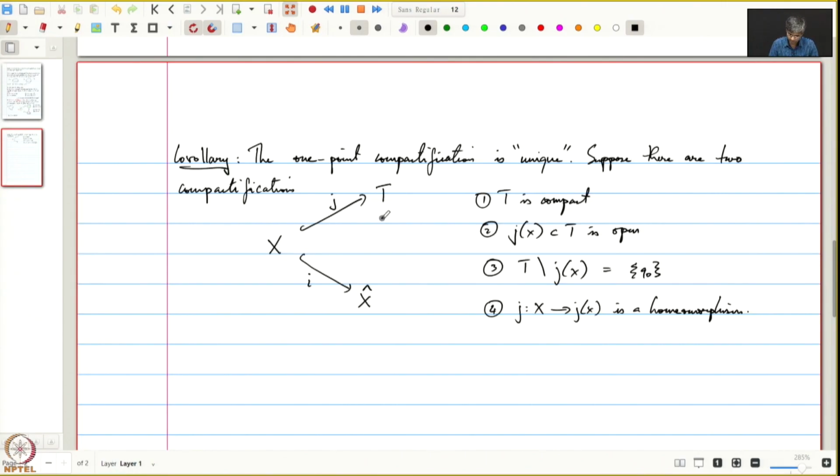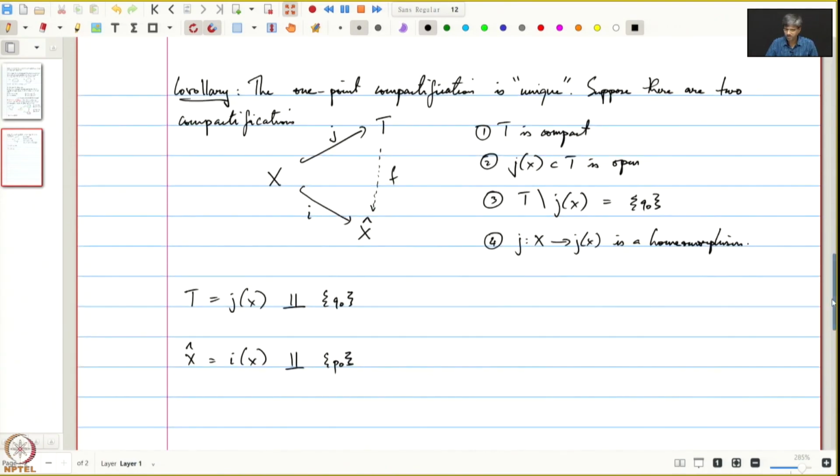So then by our previous proposition, there is this map F. We may write T as J of X disjoint union this point Q naught, and we may write X hat as I of X disjoint union this P naught.